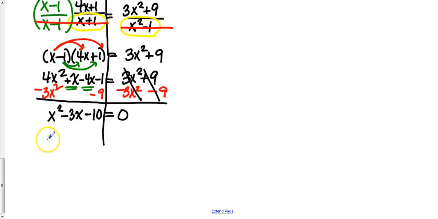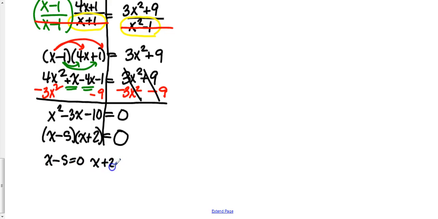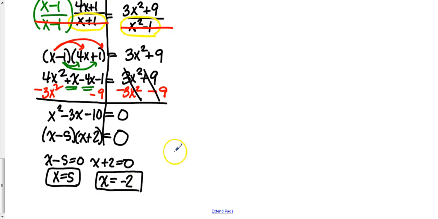So a is 1, looking for factors of negative 10 that add to a negative 3. We should have here (x minus 5)(x plus 2) equals 0. Setting each factor equal to 0 results in x equals 5 and x equals negative 2. Hoping we match on that one.